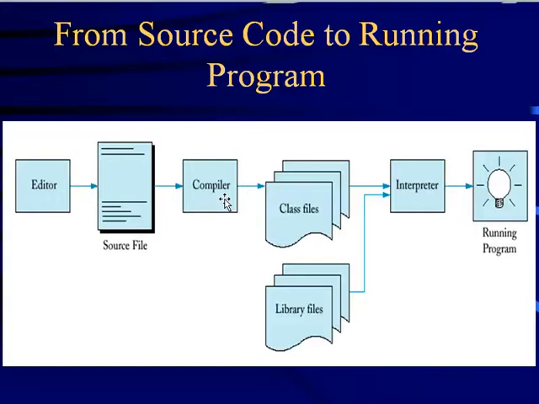Same with Windows, you need to get one for Windows, and Unix, you need to get one for Unix. The good news is you only have to do that once per computer. Aside from updates and things like that, you only really need to do that once, and as a matter of fact, it's probably already on your computer. So as programmers, we're mostly concerned with the editor and the compiler. So let me show an example.